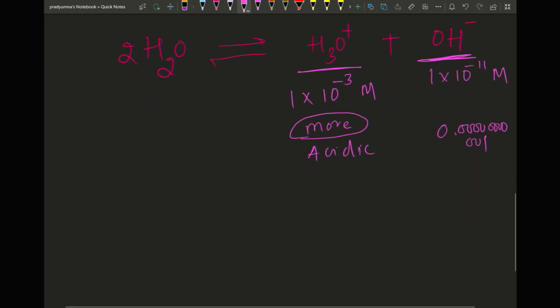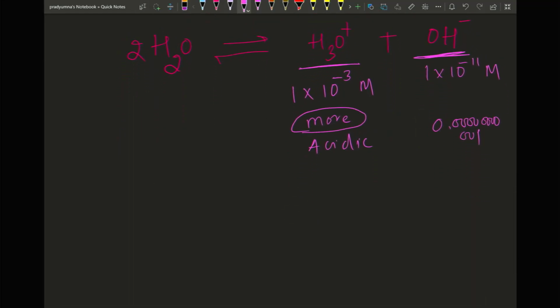So let's do a quick recap. If water is neutral, the concentration of H3O plus should be equal to the concentration of OH minus, and those numbers are going to be 1 into 10 to the power negative 7 molar.